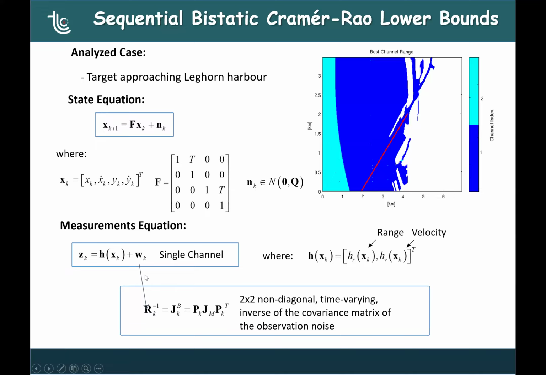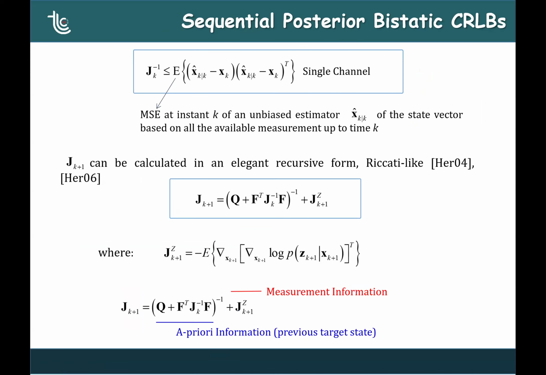The covariance matrix of the observation noise depends not only on the waveform, but also on the geometry of the system. So in some cases, it is really bad.